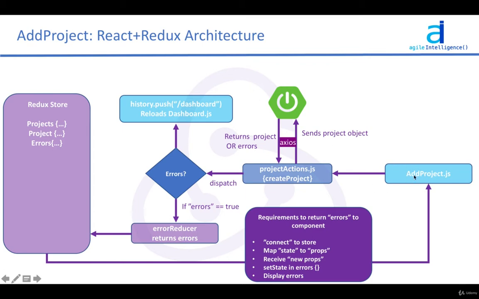So basically here we have our add project component, and usually the way this works is that you call an action, and this action, which is where we're going to wire up Axios, is what's going to interact with the API, in our case our SpringBoot backend.